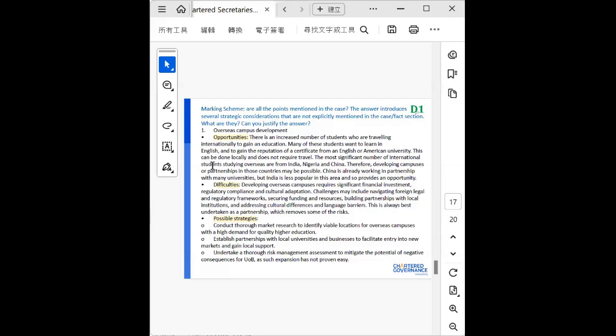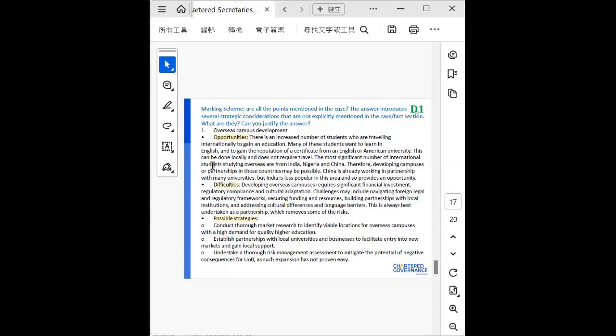Now, what I want to say is that for this type of question about the discussion part, you can see there is something which is not explicitly mentioned in the case, but you have to understand it. This shows that you understand the principles.